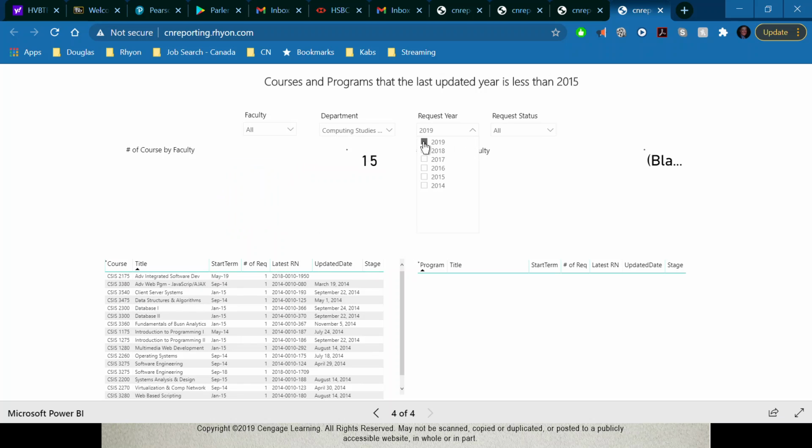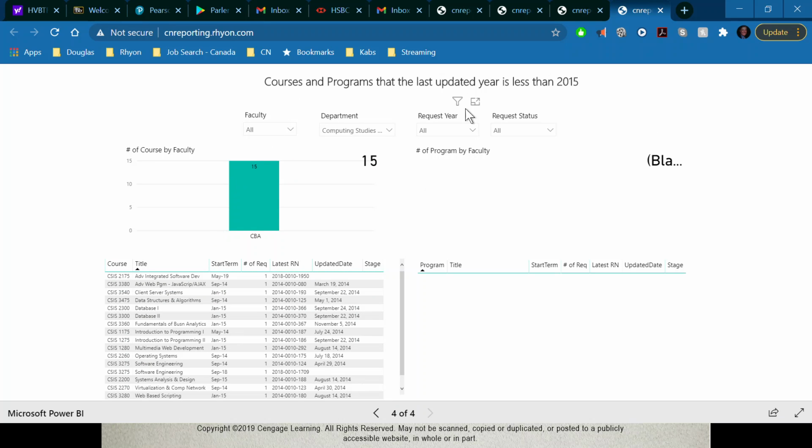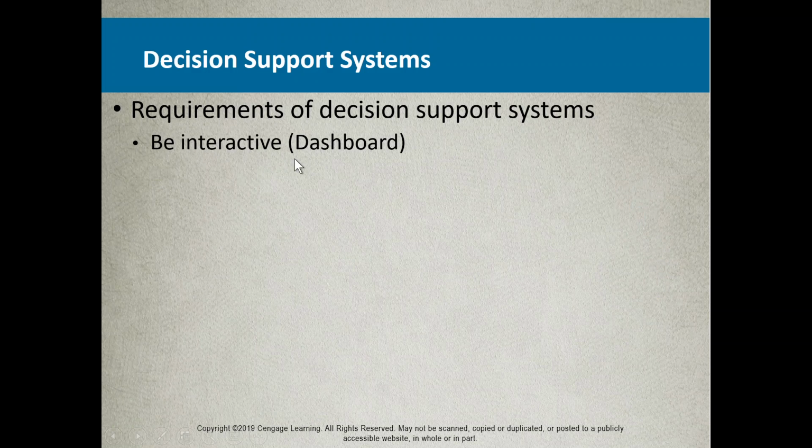We could filter by year. The reason it's coming up with so little here is because this is just courses and programs that have been updated, so there's a limited amount of data. All right, so I'm going to take this out, click the eraser button there. So it's interactive, and that's a key part.